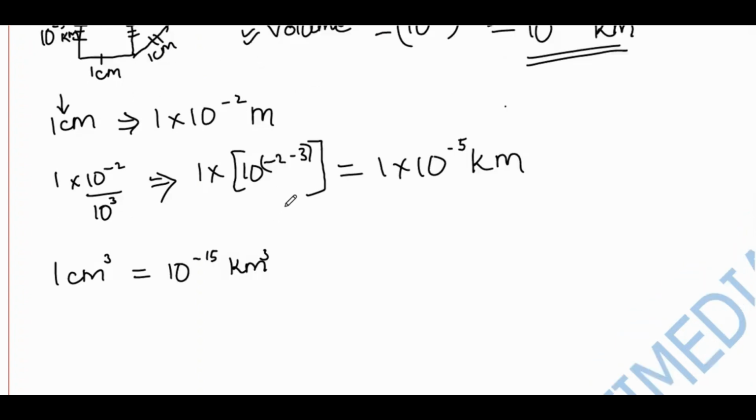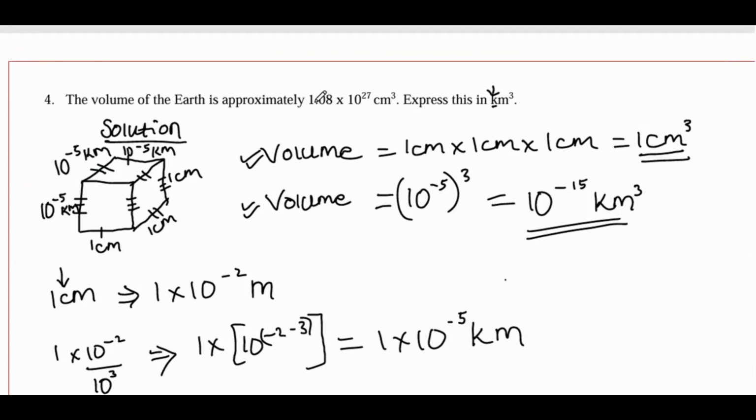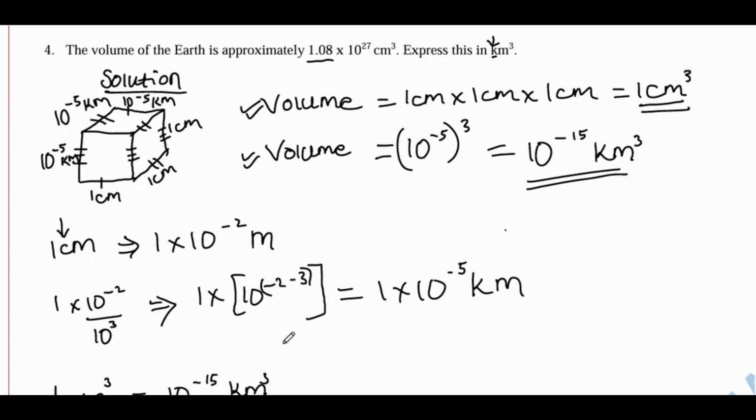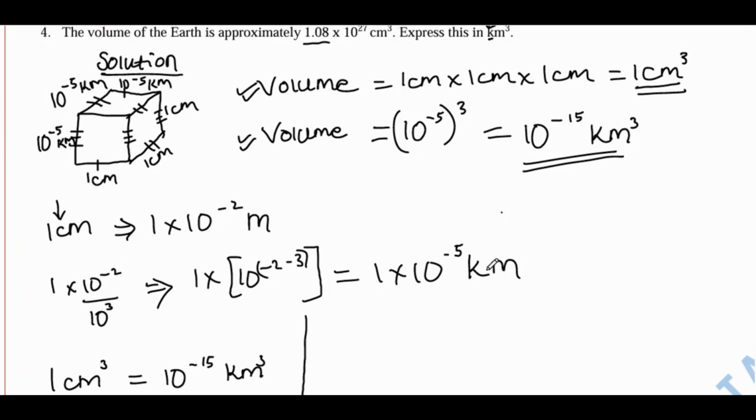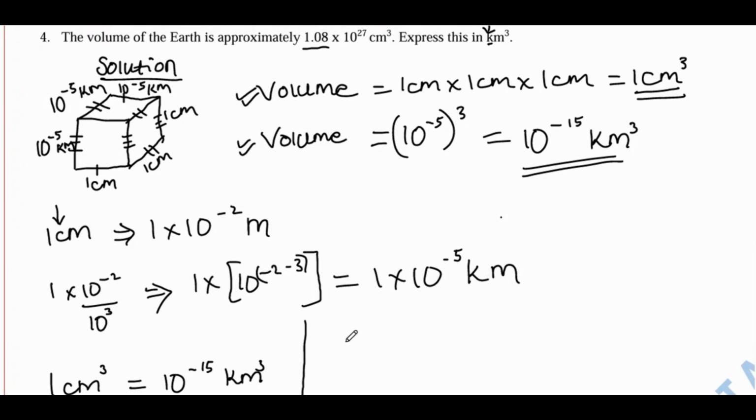And now we have the volume of the earth, which is stated here as 1.08 times 10 raised to power 27. We need now to convert, and we are using this conversion factor here. Now, we can say that 1 cubic centimeter is equivalent to 10 raised to power negative 15 cubic kilometers.